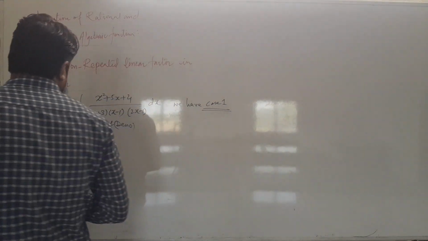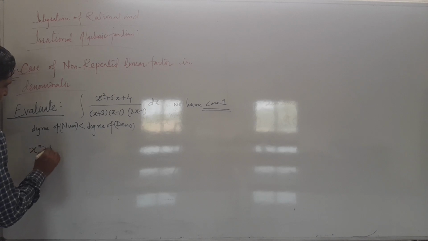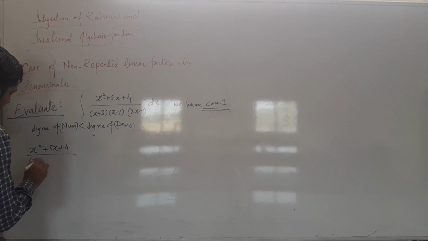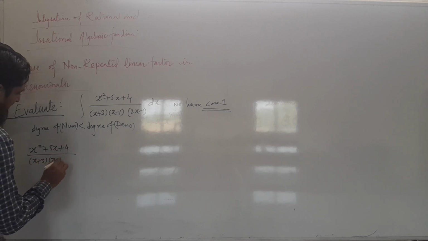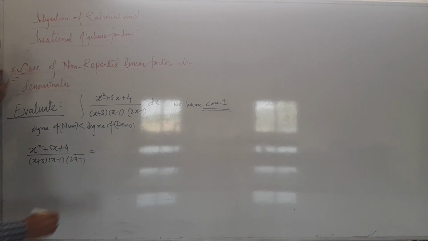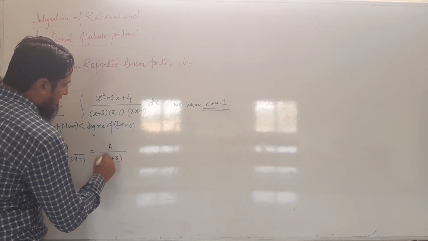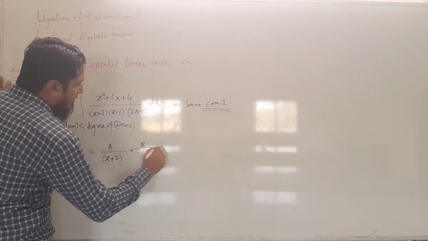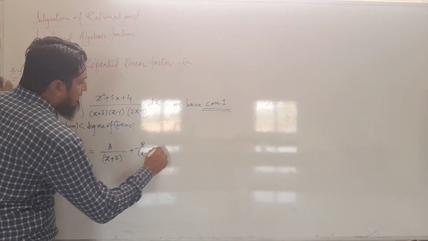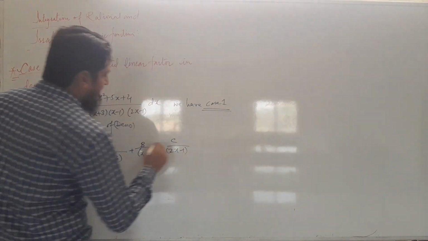We can write this function as x square plus 5x plus 4 upon x plus 3, x minus 1, 2x minus 1 is equal to a upon x plus 3 plus b upon x minus 1 plus c upon 2x minus 1.